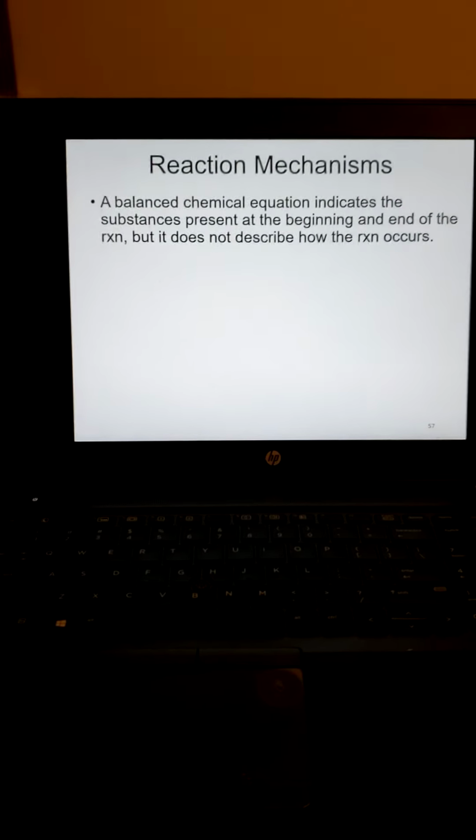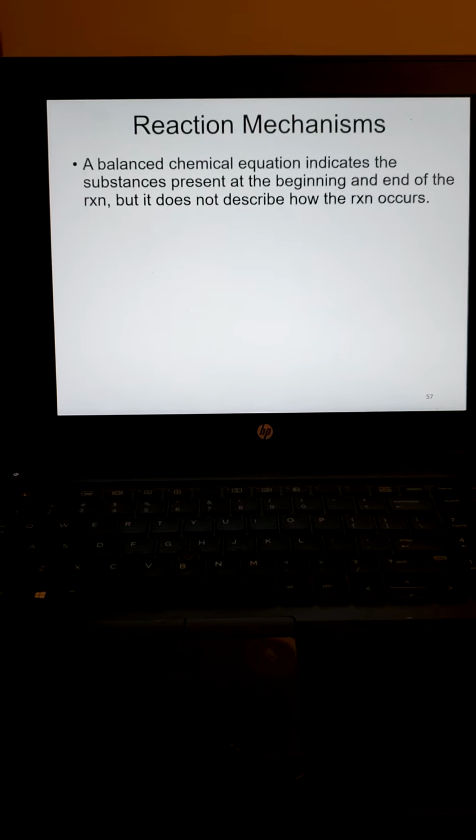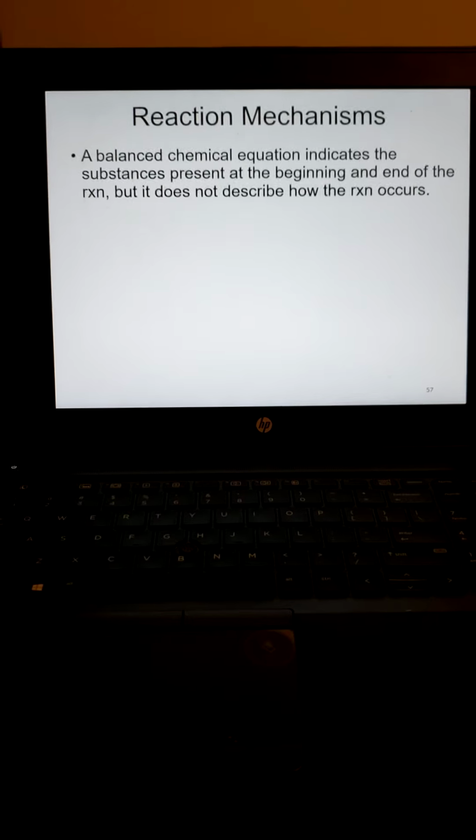So we will end by introducing reaction mechanisms, and then we'll talk more about it next class. Do you remember a couple of lectures ago when we talked about rate laws, and I told you that you cannot assume that the coefficient is the exponent? You have to determine that experimentally. And then we further drove that home by telling you that's how you have to do it, because we're going to make you do it that way in lab.